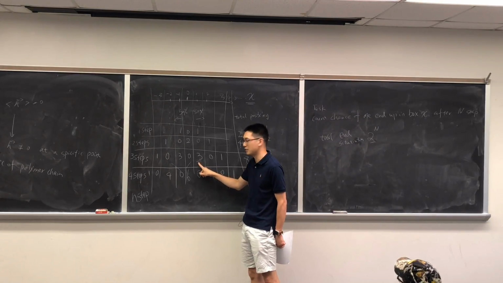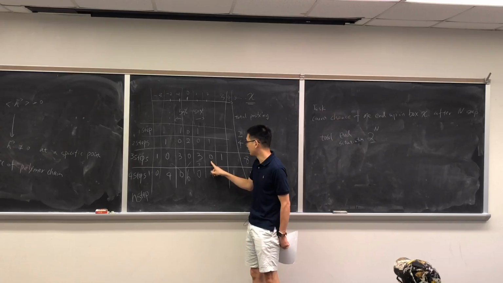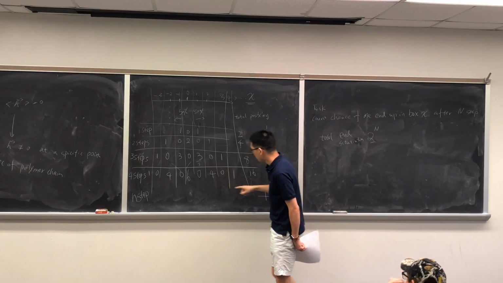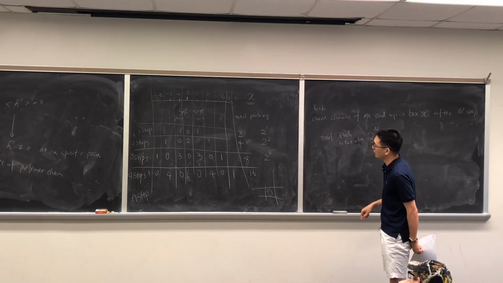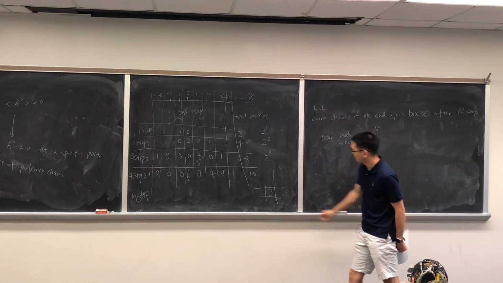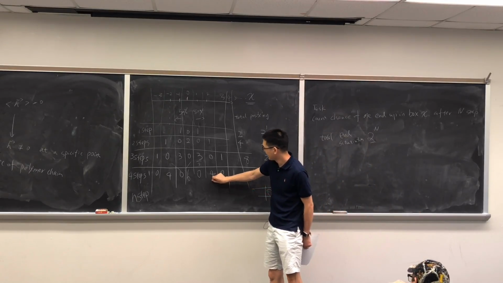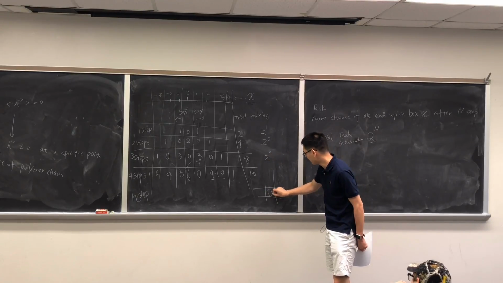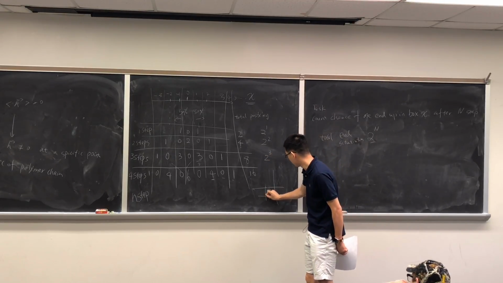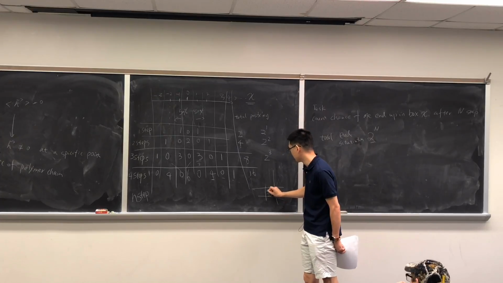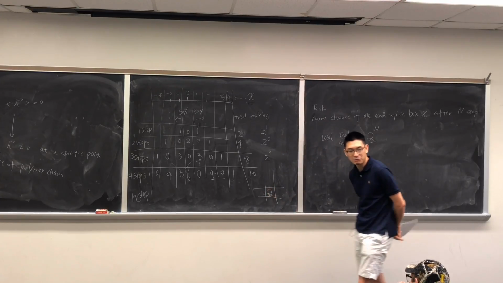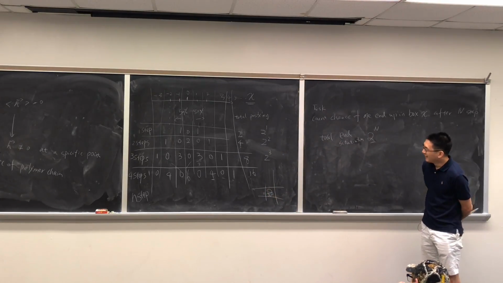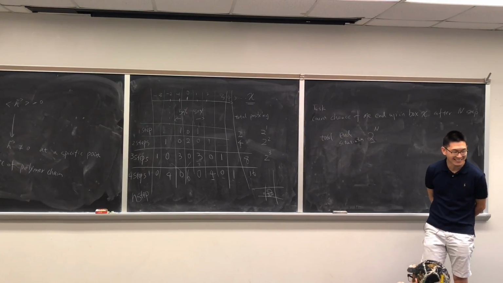There's no chance I will end up here. So generally, we just need to know the number in this block. Then we can divide that number by 2 to the power of n, and we know the probability I will be there. How can we count that?